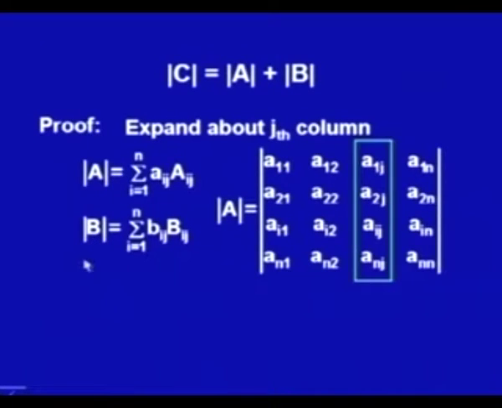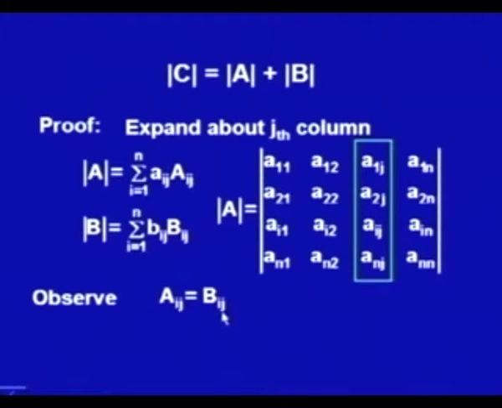Now, one can observe that the cofactor Aij is equal to the cofactor Bij. Why? Because the cofactor of the Aij-th element is obtained by deleting this column and this row.